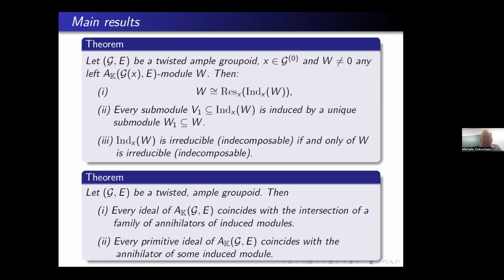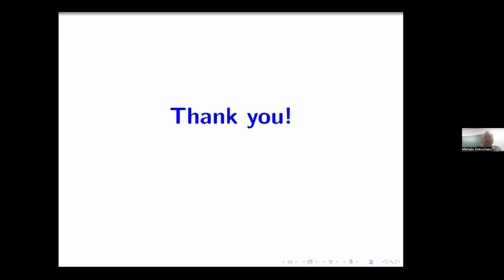This last statement is not exactly what we would like to have, because we would like to show that the induced module is irreducible, but we are not able to show it in general, only with some strong restrictions. So that's what I wanted to say.